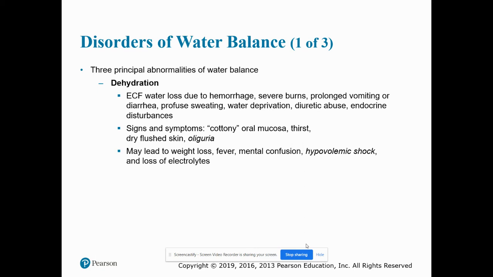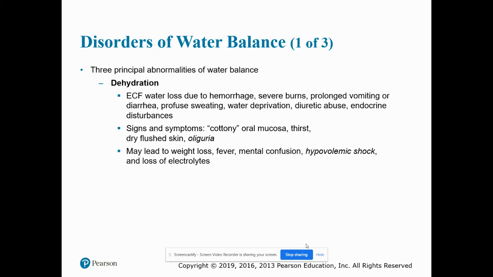There are three principal abnormalities of water balance. The first is dehydration. This is extracellular fluid loss due to hemorrhage, severe burns, prolonged vomiting or diarrhea, profuse sweating, water deprivation, diuretic abuse, or endocrine disturbances.